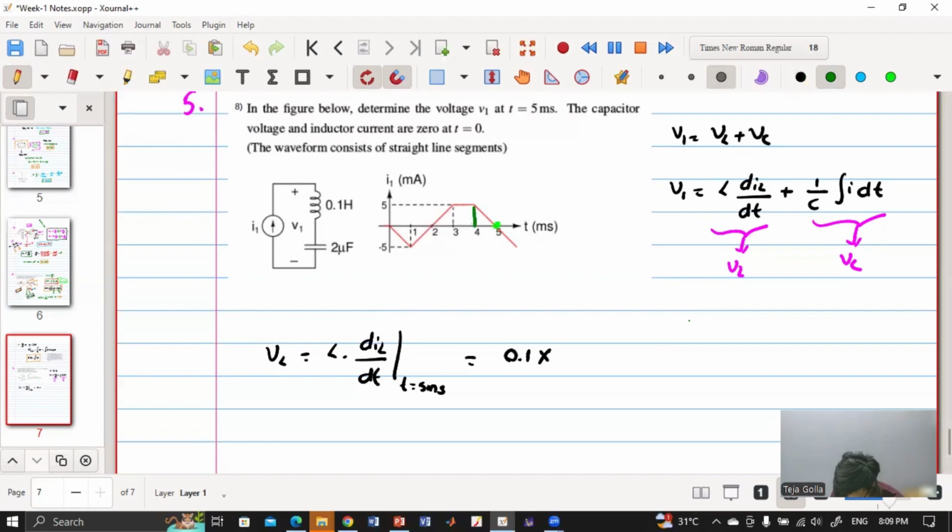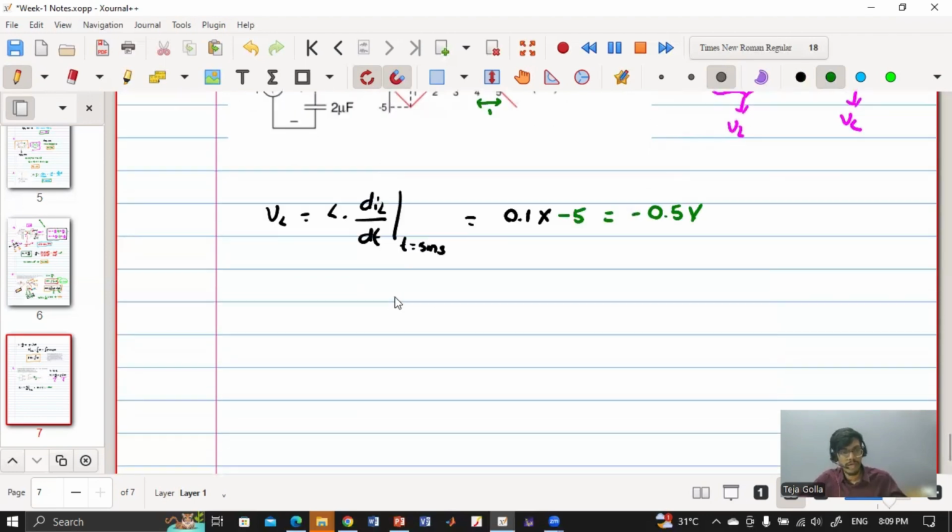This is how much? 5. And this is how much? 1. The slope is y by x, and there will be a negative sign, so it is minus 5. So this is minus 0.5. Agreed? So that is VL.